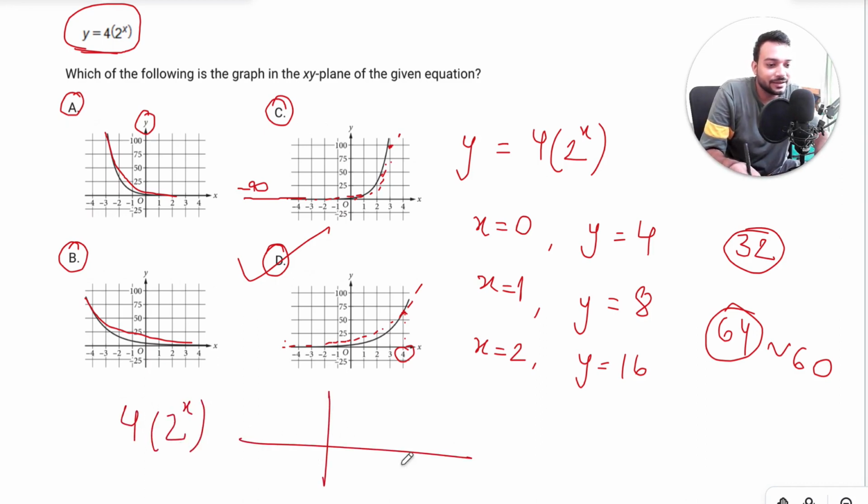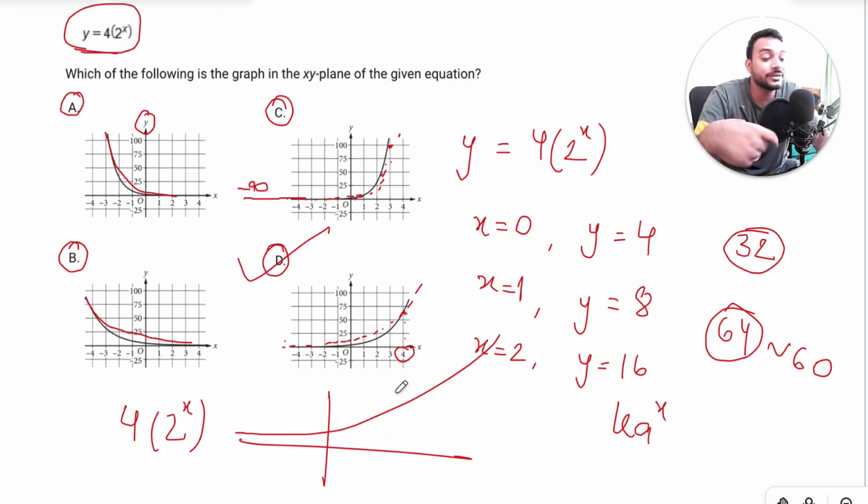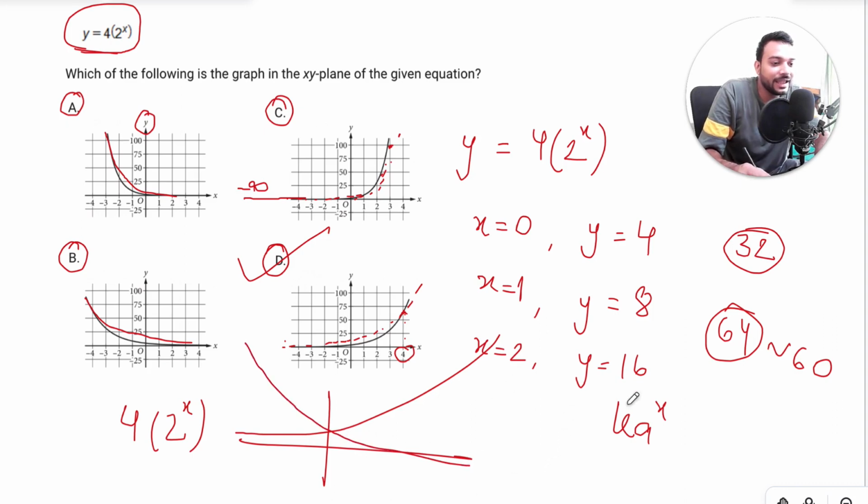So this is similar to k a raised by x. So a raised by x, when a is positive, will always be like this when a is greater than 1. When a is between 0 and 1, it will be a decreasing graph but positive. When a is greater than 1, it will be increasing.